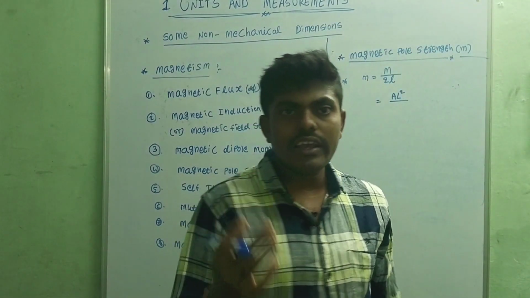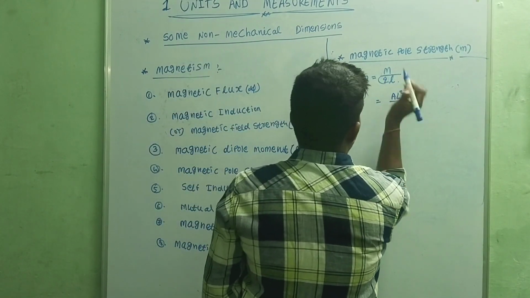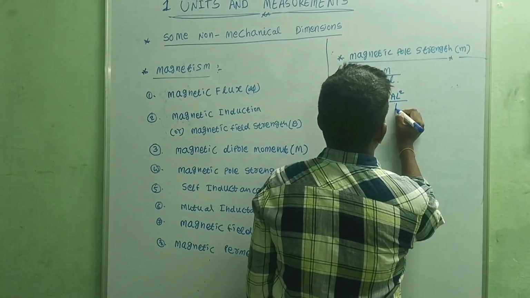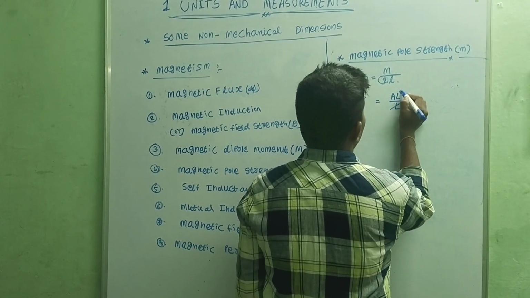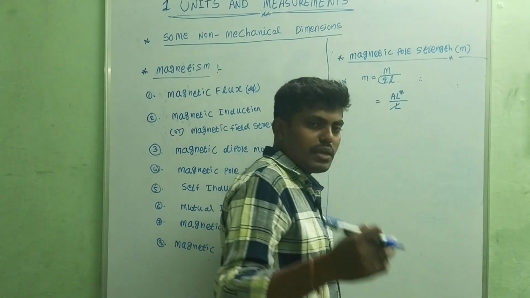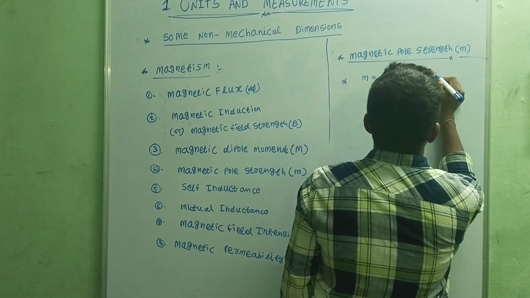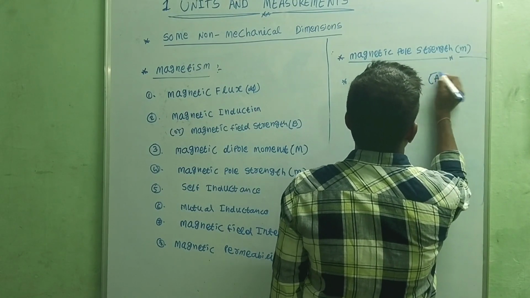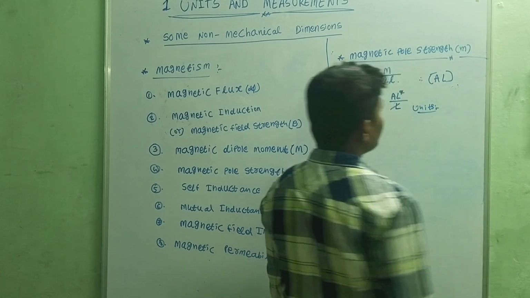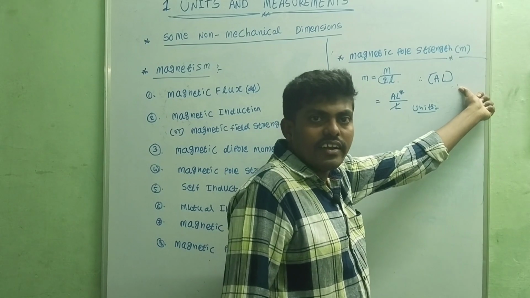So the numericals can be neglected. 2 is neglected, but dimensions of length is L by L. So 1L gets cancelled. Therefore the dimensions of the magnetic pole strength is AL.